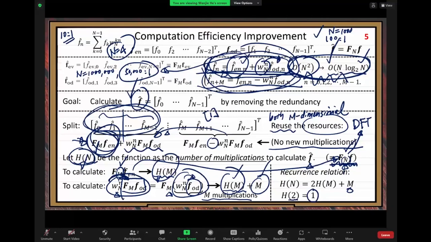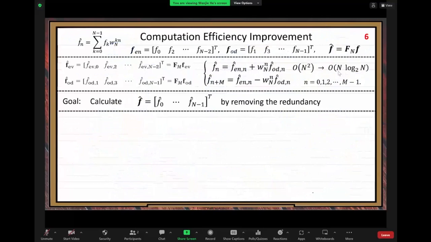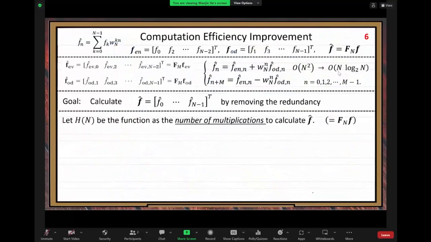All right. So finally, we need to solve this recurrence relation. I just show you the solution of this recurrence relation, so then we are done.